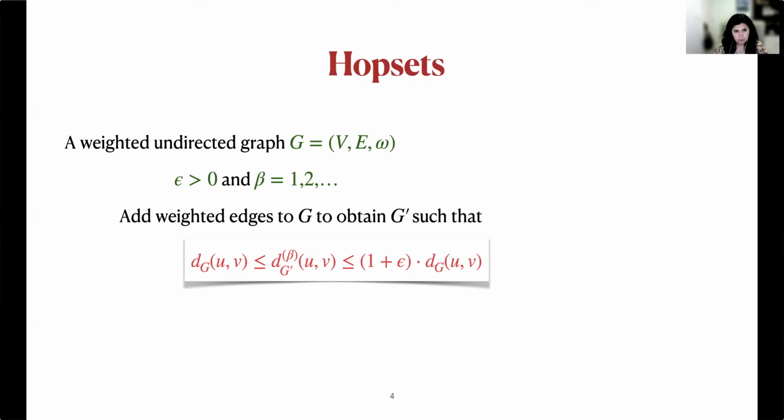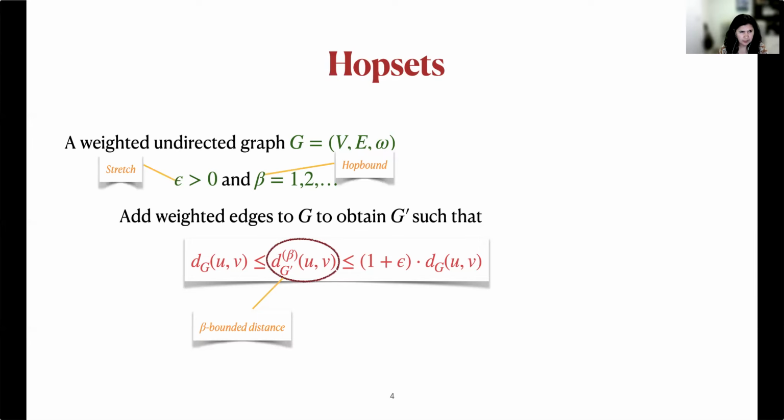Moreover, the length of this path in G prime is at most 1 plus epsilon times the length of the shortest path between U and V in G. Here, beta is called the hop bound of our hopset, and 1 plus epsilon is the stretch of our hopset.